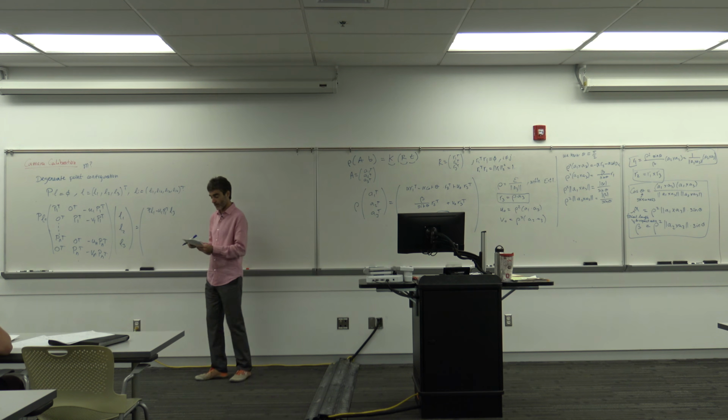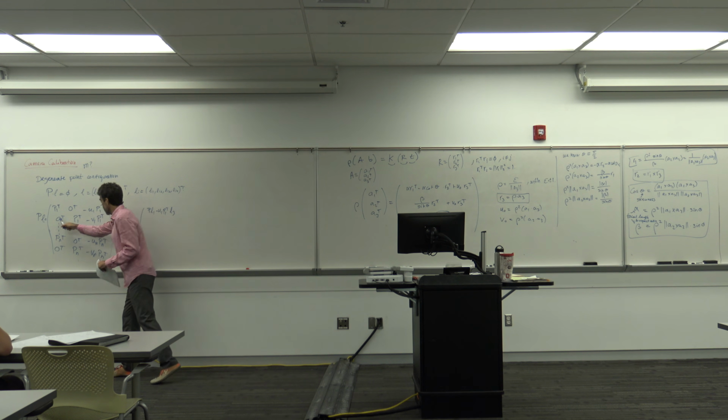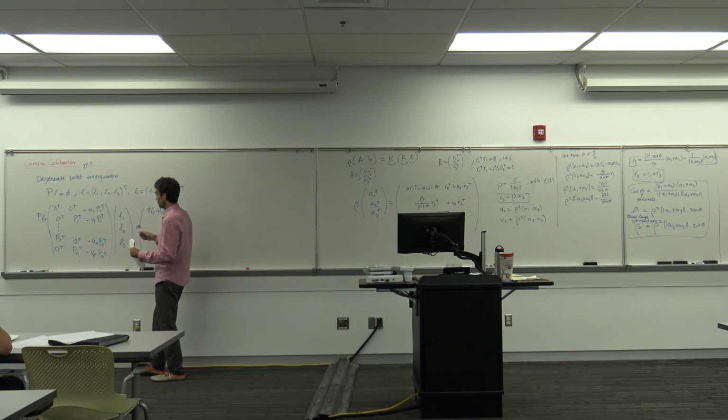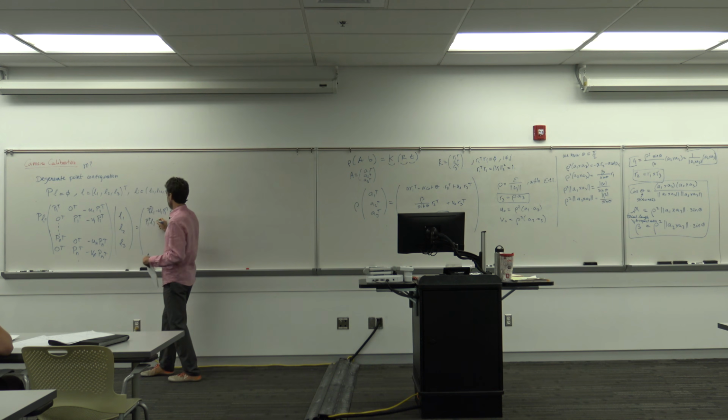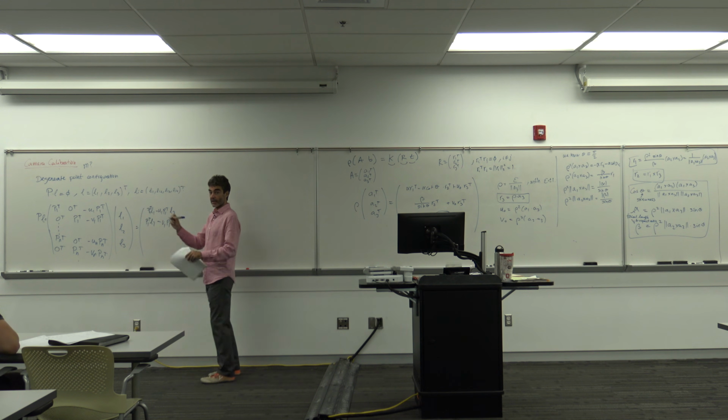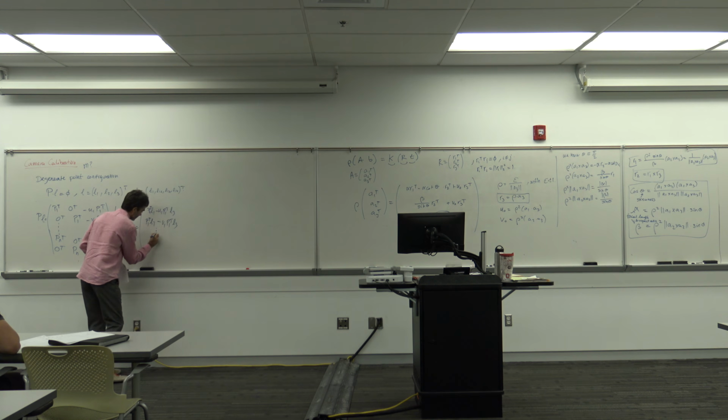Okay, let's do the other one. 0 times L1 is 0, plus P1 transpose L2, minus V1 P1 transpose times L3. And I do that for all the endpoints.